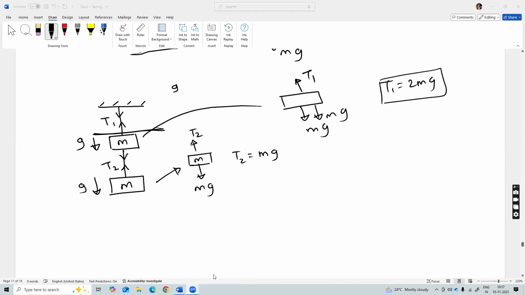Is this clear? For strings or cables, if you cut any of the string or cable, that object will be under acceleration due to gravity, and there won't be any other force. So at that moment it will be under acceleration due to gravity.